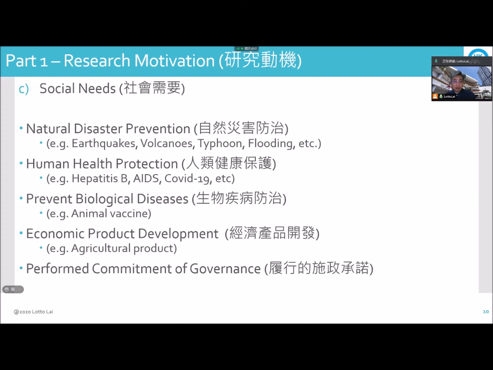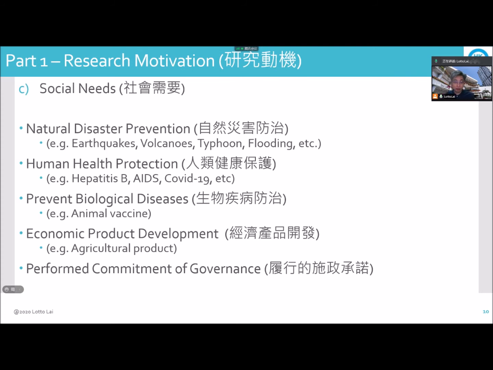The third one is social needs. For example, you would like to prevent natural disasters such as earthquakes, volcanoes, typhoons, or floods. Human health protection: recently, COVID-19, when we researched detection or vaccines. Preventing biological disasters, like animal vaccines. And economic product development, for example agricultural products. Performing the commitments of government, for example in innovation and technology policy.